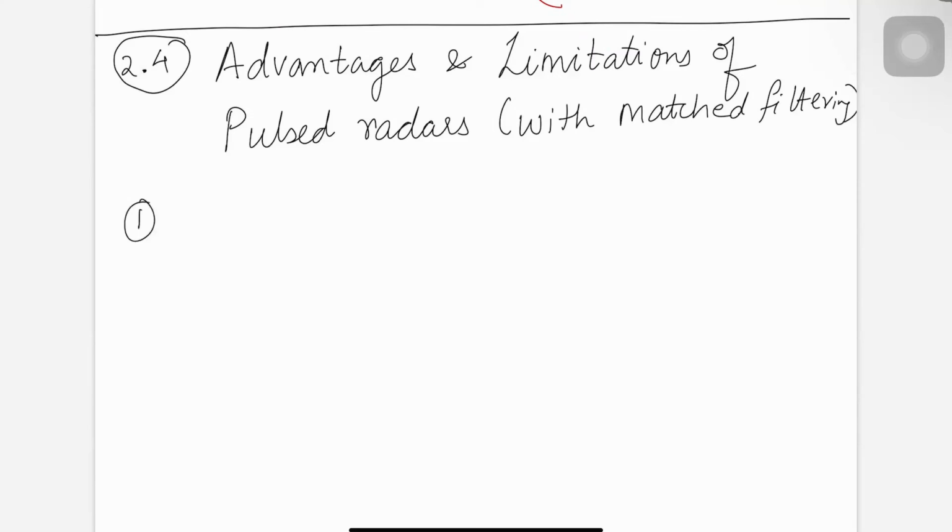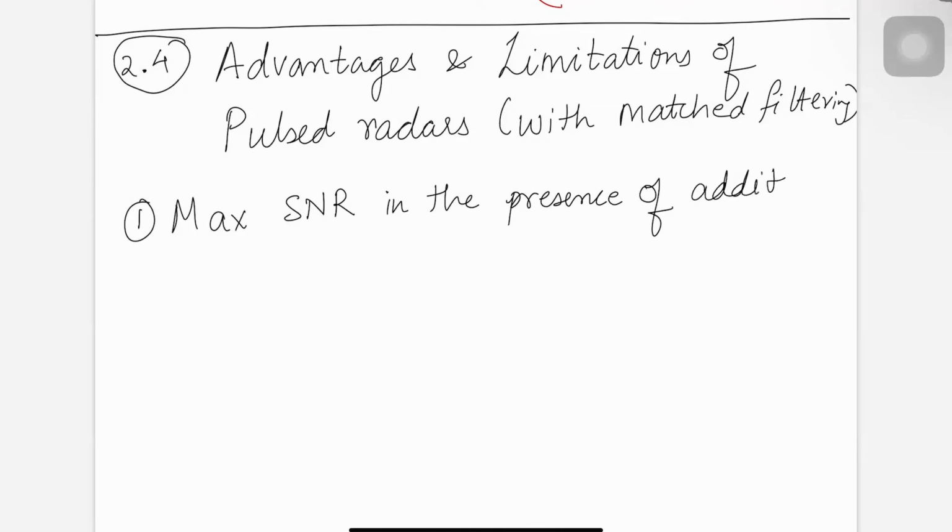Okay. So what is the big advantage of match filtering over FMCW processing? The big advantage is that you can show that a match filter guarantees to achieve the maximum possible SNR in the presence of additive white noise. It doesn't have to be Gaussian. I haven't proved this, but that's not required as an engineer.